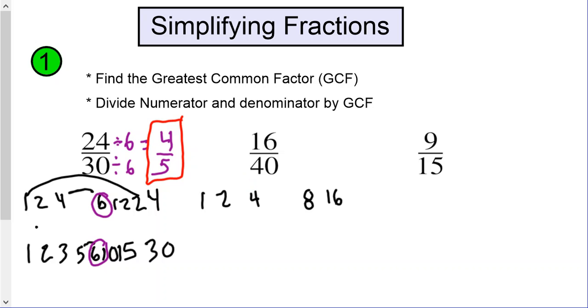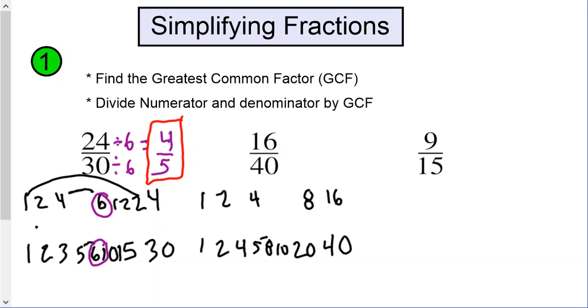Okay, now 40, we got 1 and 40. 2 and 20. 3 doesn't work. 4 and 10. And 5 and 8. Okay, so this would be the middle one here. Now, these are all factors of 40.